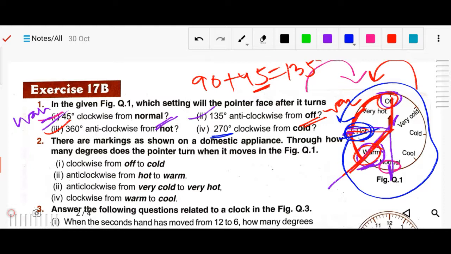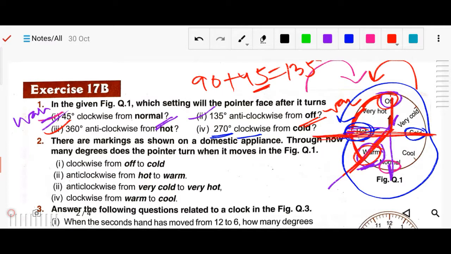Okay, 270 degrees clockwise from cold. So where is cold? Cold is here. Clockwise we have to move. 270 means 180 plus 90. 180 means exactly this side, this is the 180.